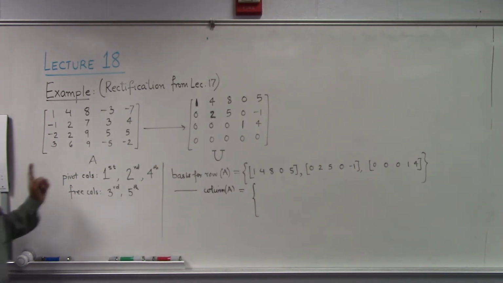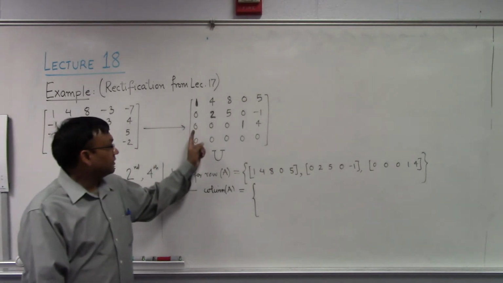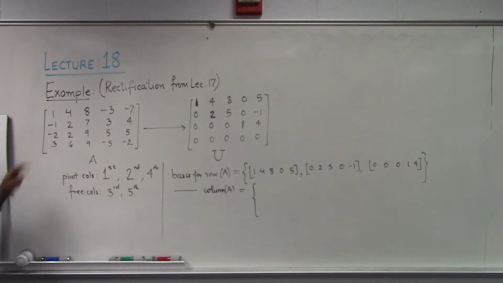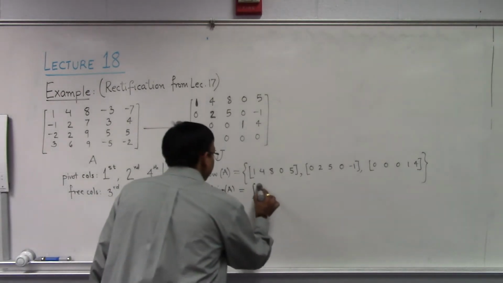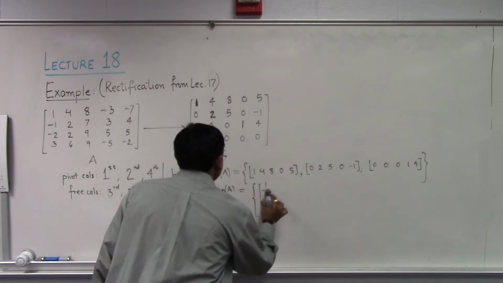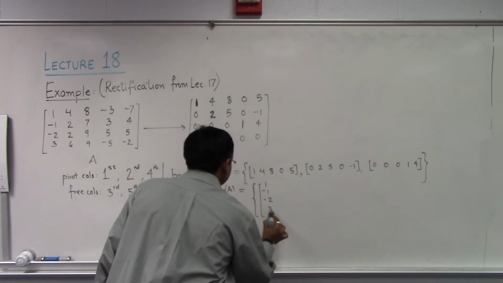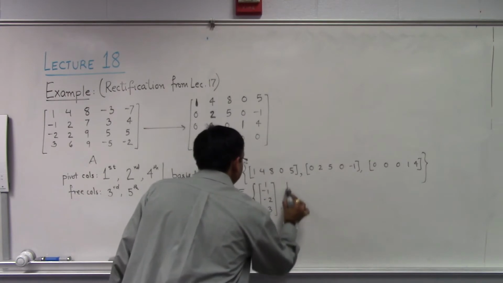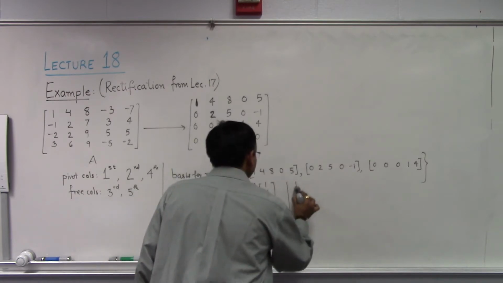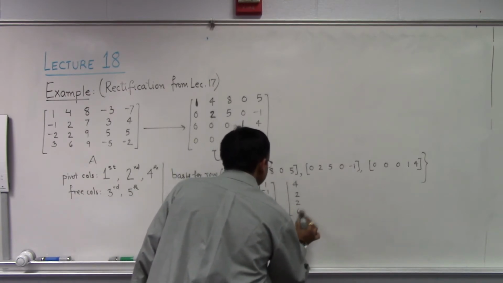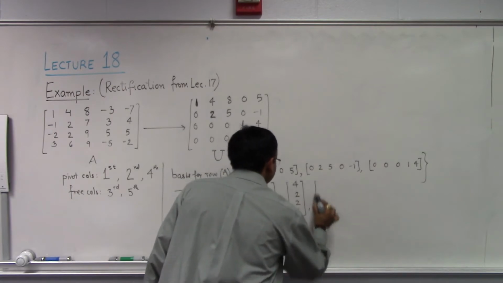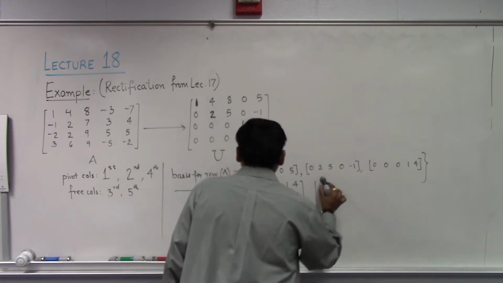What is the same in both situations is the pivot columns, the first, second, and fourth. So I can use the first column of my original matrix, 1, minus 1, minus 2, 3. The second column, which is this, and the fourth column, which is this.